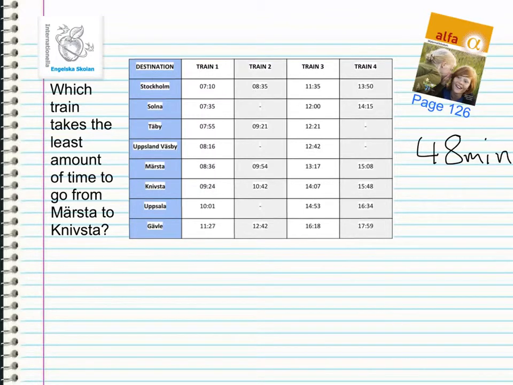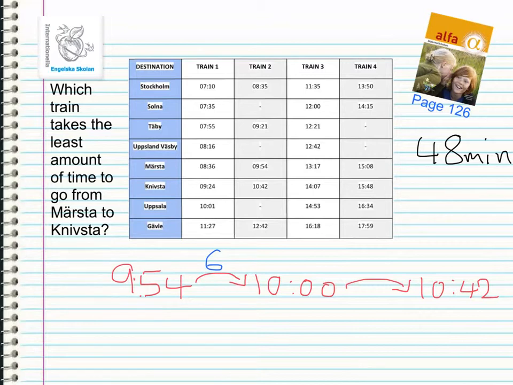The next train, train number 2, takes off at 9:54, and if we go to the nearest hour, that is 10 o'clock, and that will take from 54 up to 60, which is 6 minutes, and then it actually arrives at Knivsta at 10:42, which means that it has taken 6 minutes until 10 o'clock.